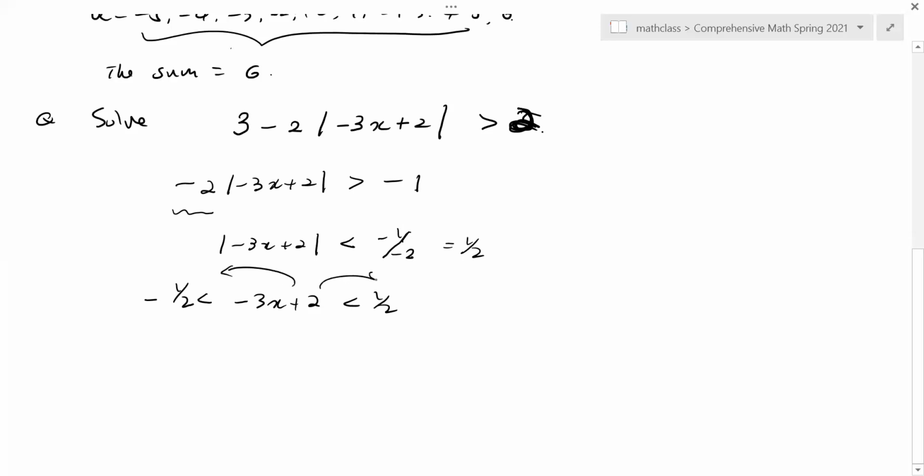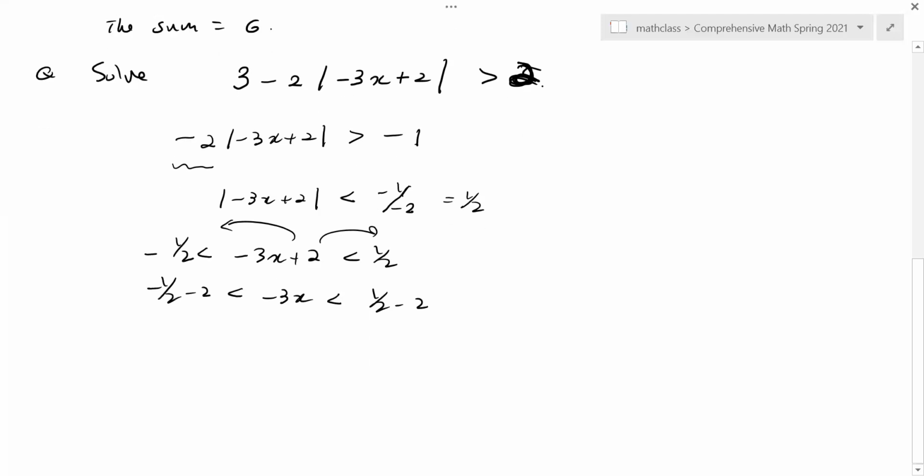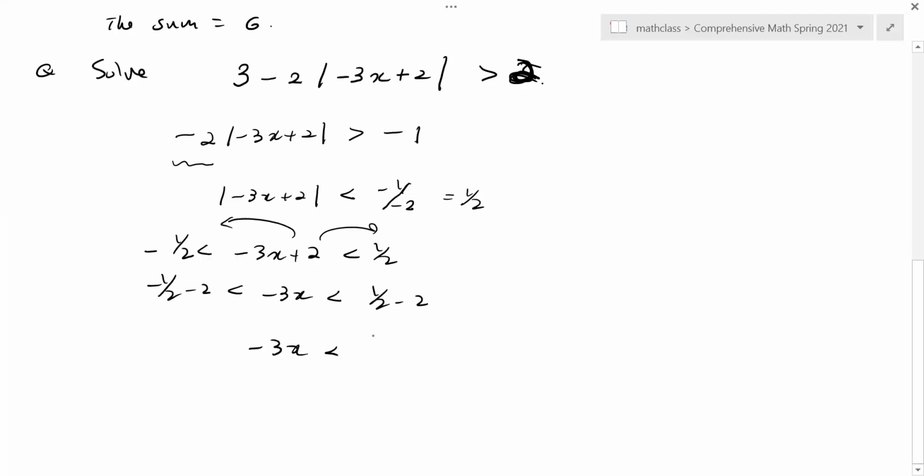Then you move 2 to both sides: negative 3x less than and greater than negative 1 minus negative 2. So let's simplify it. This side is negative 3/2, and this side is negative 5/2.